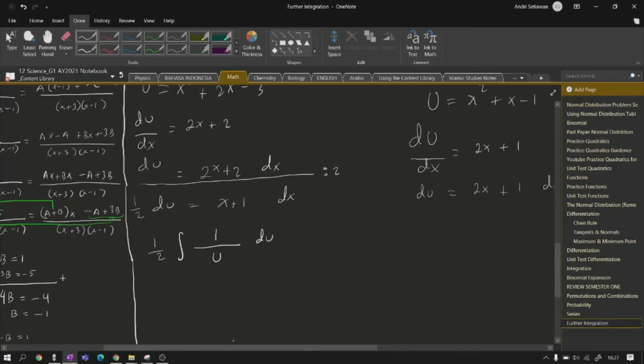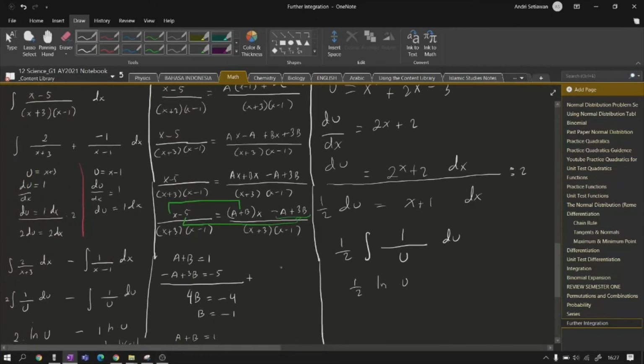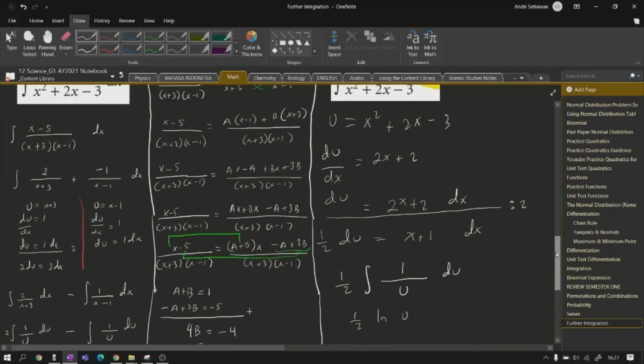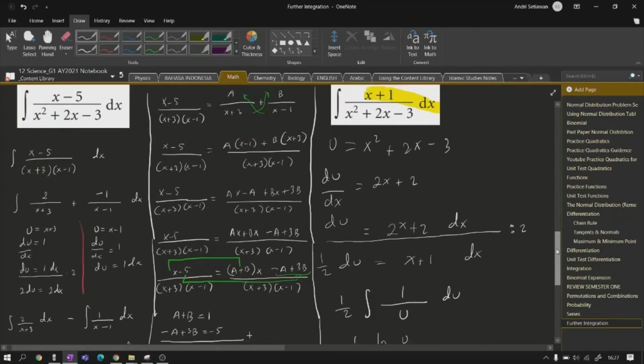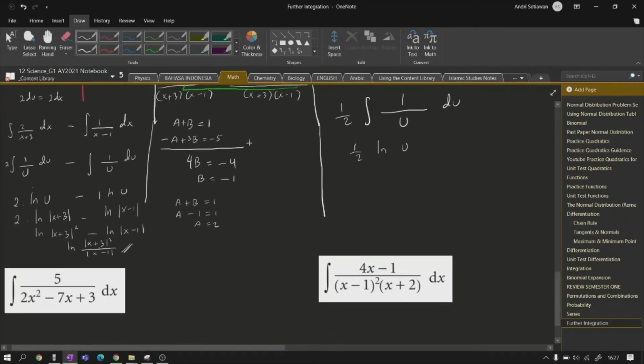Similar to the previous example, if you find the integral of 1 over u, you can directly use ln u. Since it is an indefinite integral, don't forget to add plus c in the final answer.